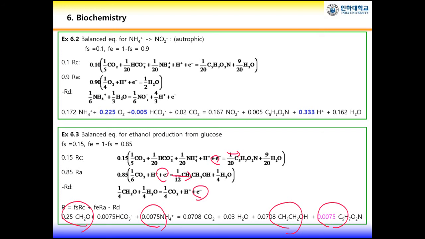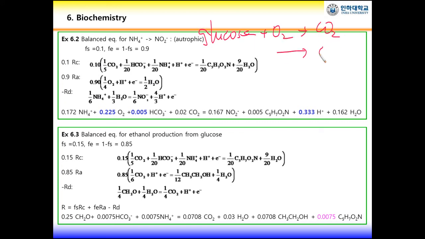I think we did 3 examples. The glucose to CO2, or glucose, if this is the aerobic process and this is the anaerobic process, where we compare these two and which one is good for the aerobic process and which one is good for the anaerobic process.